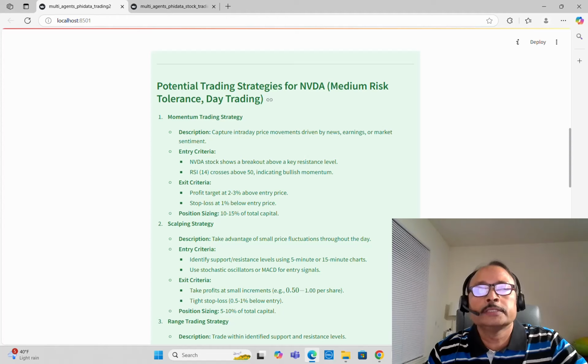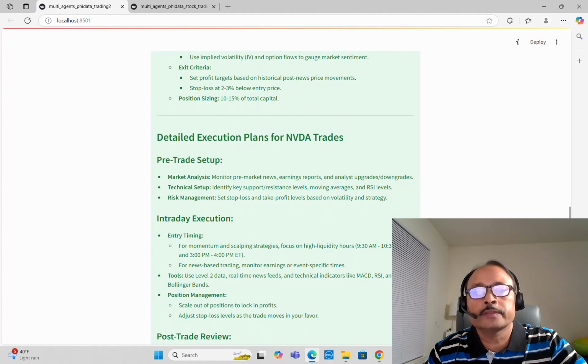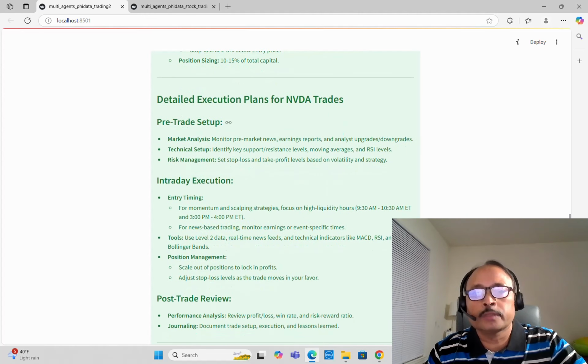The second part is prepared by the trading strategist: these potential trading strategies for NVIDIA, medium risk tolerance, and day trading. There are several suitable strategies. Then the third one is the execution plan for the NVIDIA trades. This is prepared by the third agent.